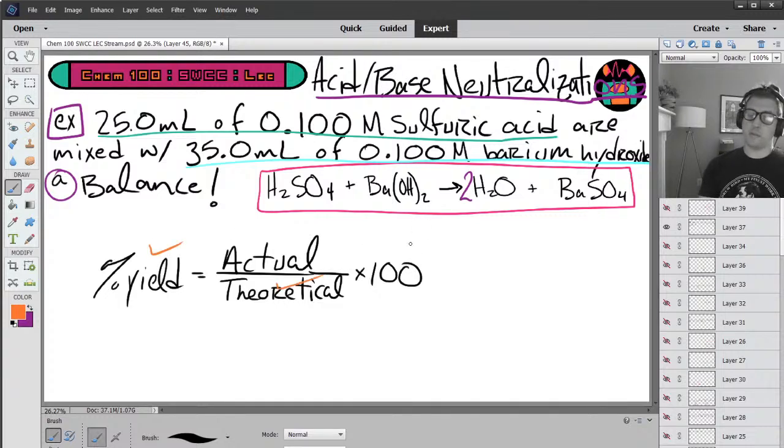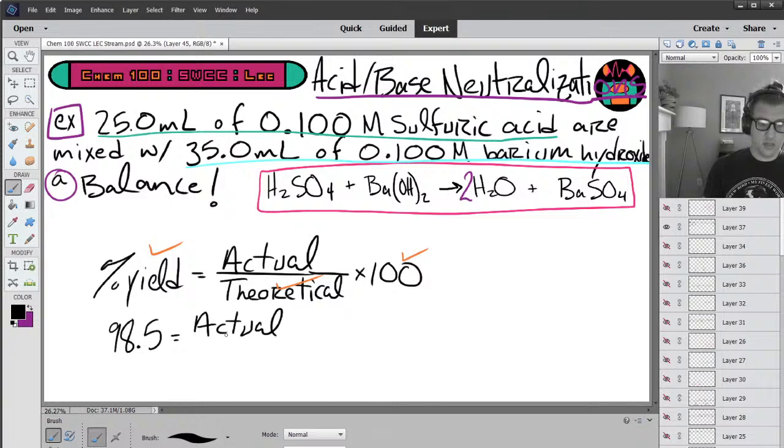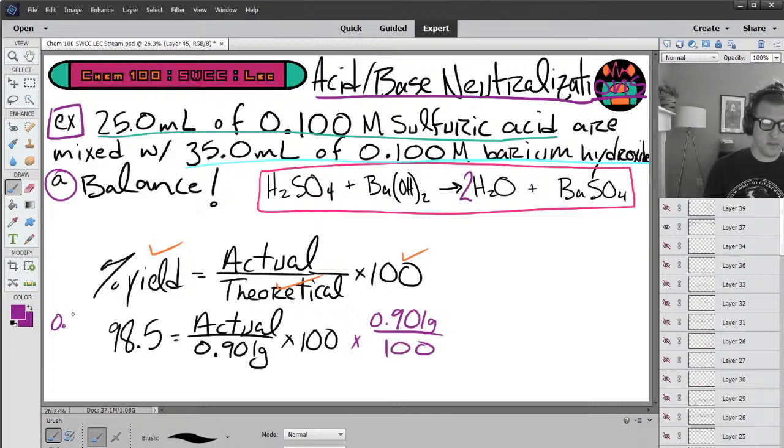We calculated theoretical in part B. Obviously, we know what 100 is. So 98.5 is equal to our actual yield, whatever that is, over our theoretical, which is 0.901 grams, times 100. Multiply both sides of this equation by 0.901 grams over 100.